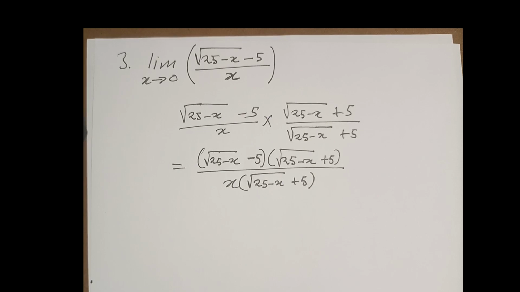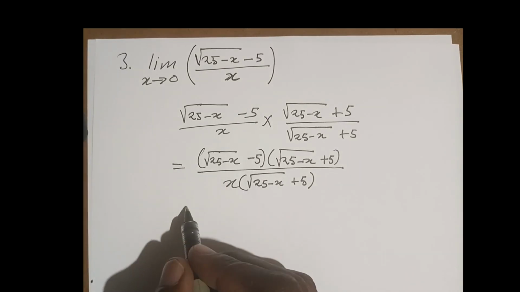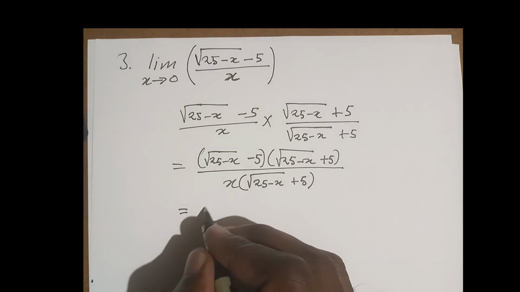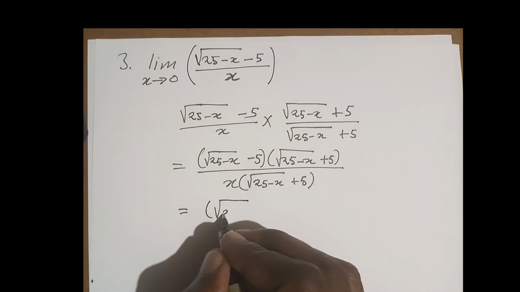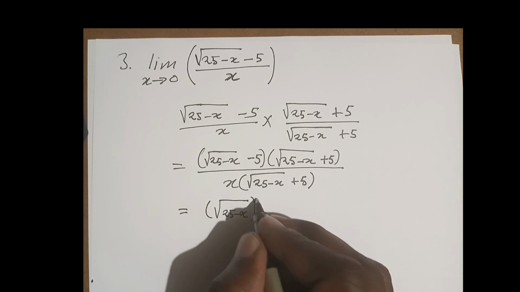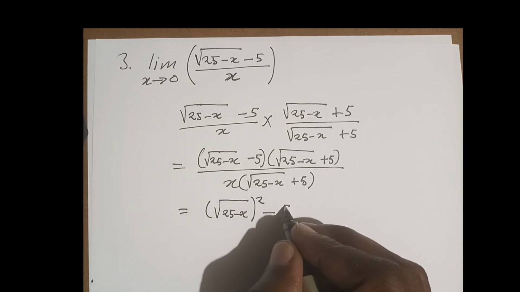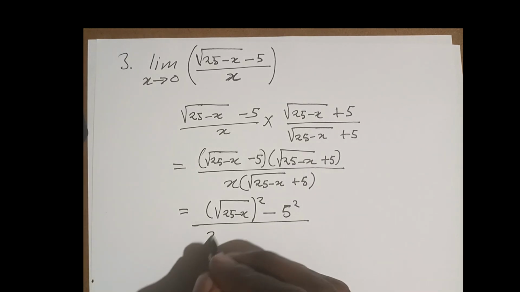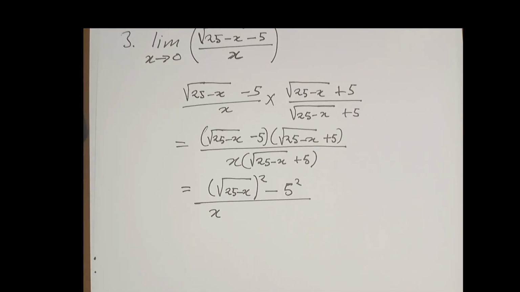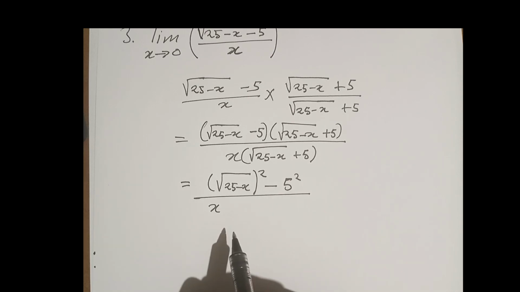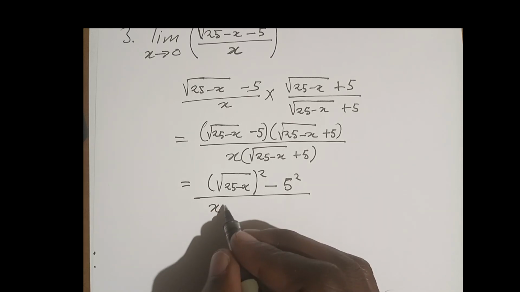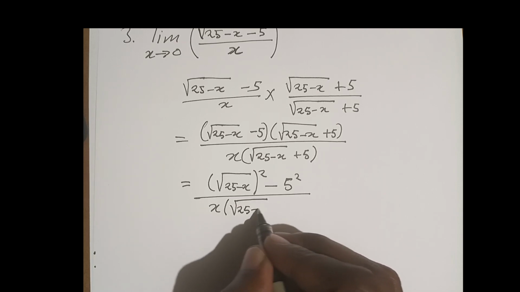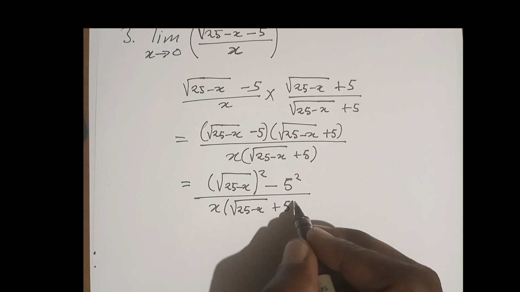So you can use that identity, or you can expand manually if you want, to write the square root of 25 minus x, squared, minus 5 squared. That's how difference of 2 squares works. Then maintain your denominator just the way it is, x times (square root of 25 minus x plus 5).